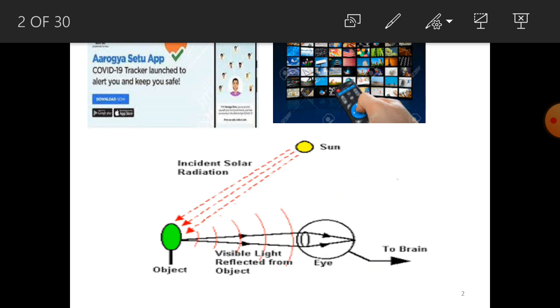Let's now understand a very classical example pertaining to remote sensing, that is the working of our human eye. The vision of the eye is the collection of information about an object that gets exposed to a light source. When light falls on an object, some radiation of the source gets absorbed and some gets reflected back.